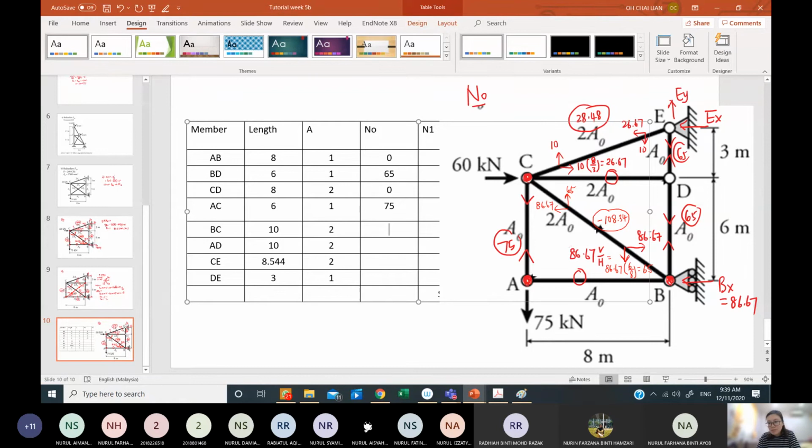BC is, and E is 0. CE is 28. And DE is 65. AB, BD, BD 65, 0, 75, negative, 0, and then 28, CE, and then DE 65.